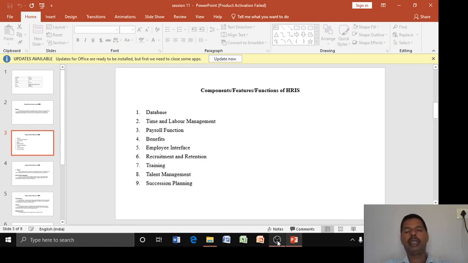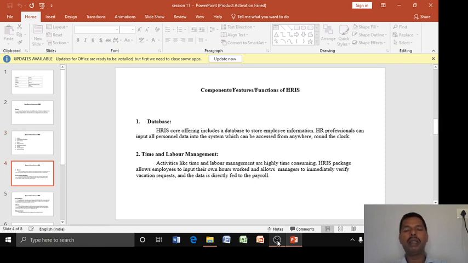Next, training, talent management, succession planning. All these aspects are computerized, and information is stored, and as a result, retrieval of information relating or pertaining to these areas can be done very easily.